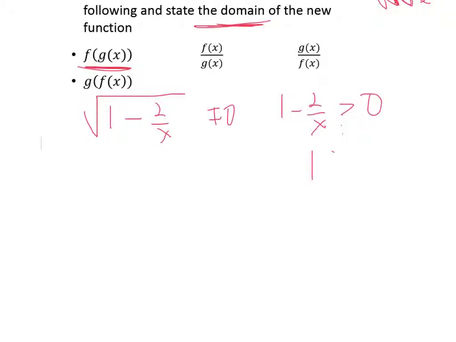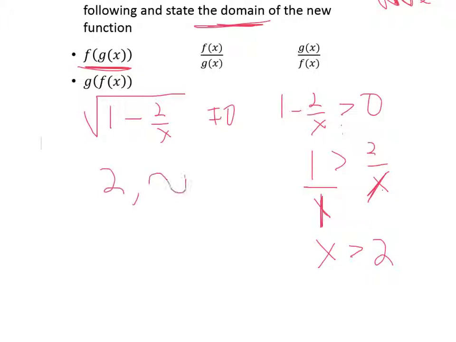I'm going to add 2 over x to both sides, and then solve this for x. It's got to be bigger than 0, but it also has to be bigger than 2. So that's the more limiting thing. So we're going to say the domain is 2 to infinity.